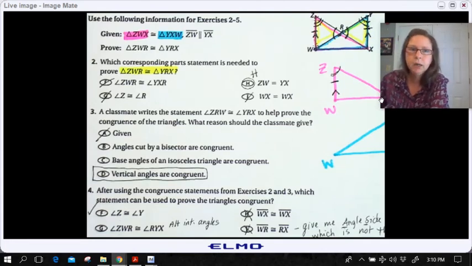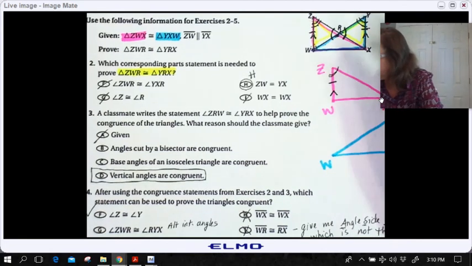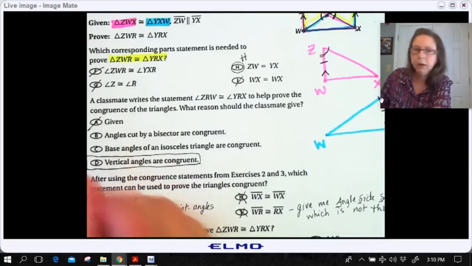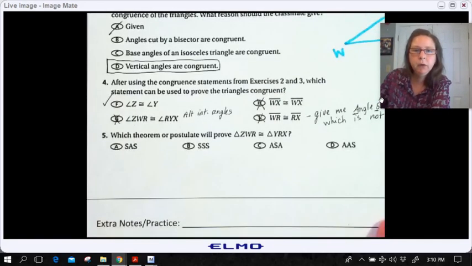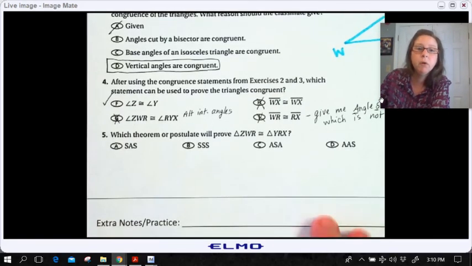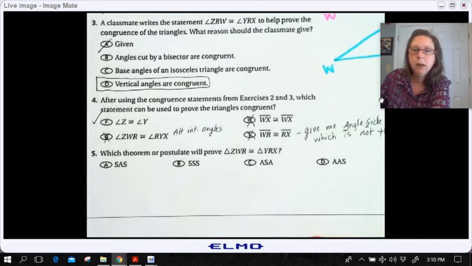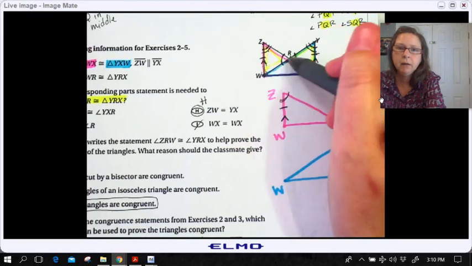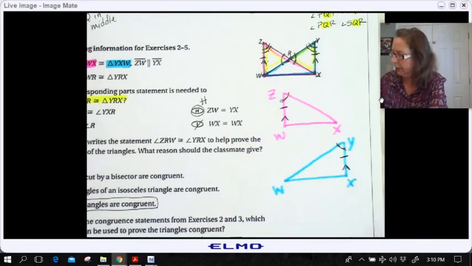They need to go in a pattern. ZWR, YRX, okay? And so I can prove that. So it can't be G. And what angle am I using? Or I'm sorry, what theorem am I using? Well, I am using angle, angle, side. Angle, angle, side.